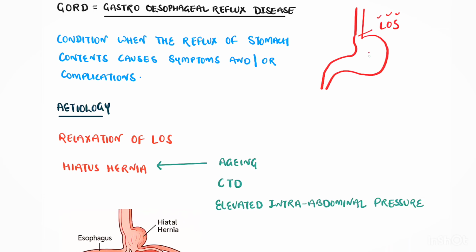In GORD there is relaxation of the lower esophageal sphincter, and acid refluxes into the esophagus and causes symptoms to the patient. So here is the definition: a condition when the reflux of stomach contents causes symptoms or complications to the patient. This is the definition of GORD.